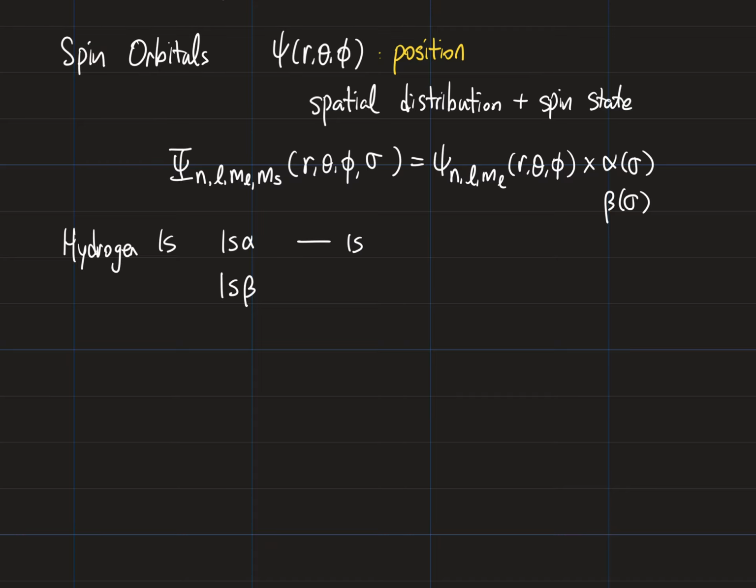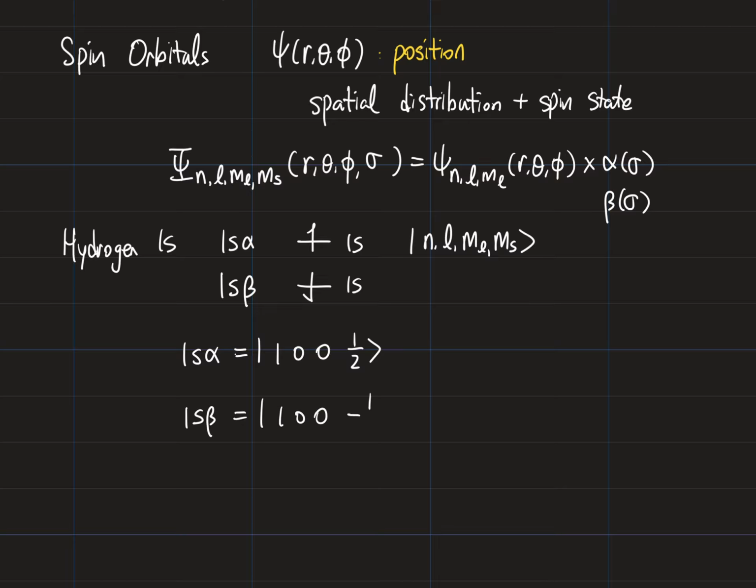So it is like the 1s orbital is occupied by alpha spin and the 1s orbital is occupied by beta spin. So the notation is n l m sub l m sub s, right? So 1s alpha is 1 0 0 plus 1/2, and 1s beta is 1 0 0 minus 1/2.